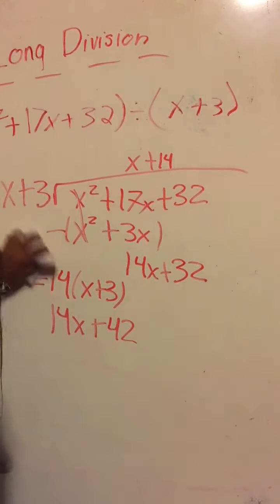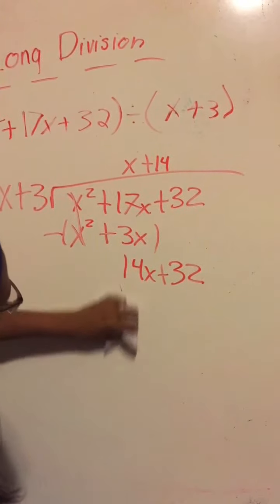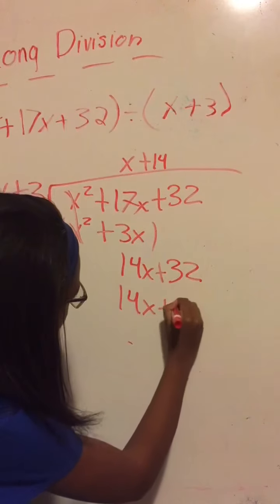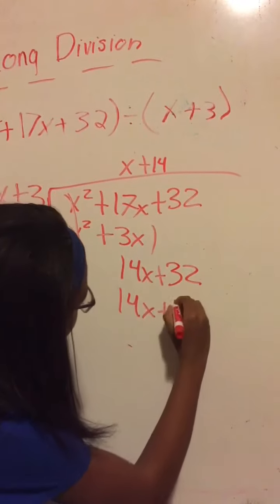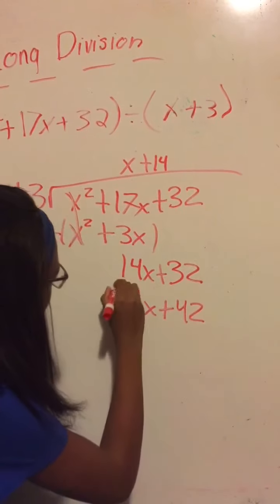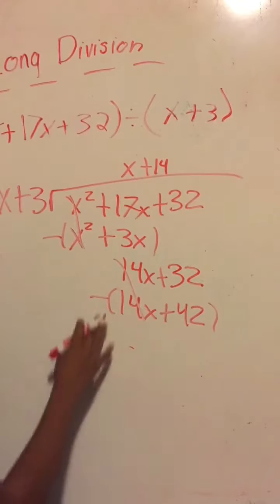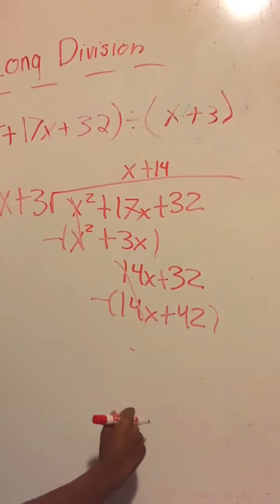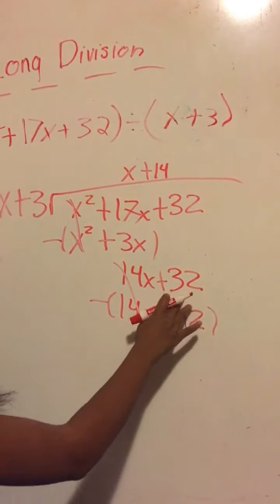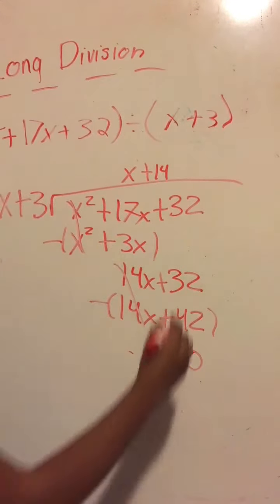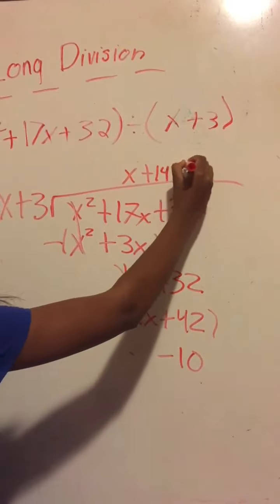Then you take the 14x plus 42 and put it under this right here, 14x plus 32. And you subtract it so that these cancel out. Negative times a positive is a negative. So 32 minus 42 gives you negative 10. And you move that up here.